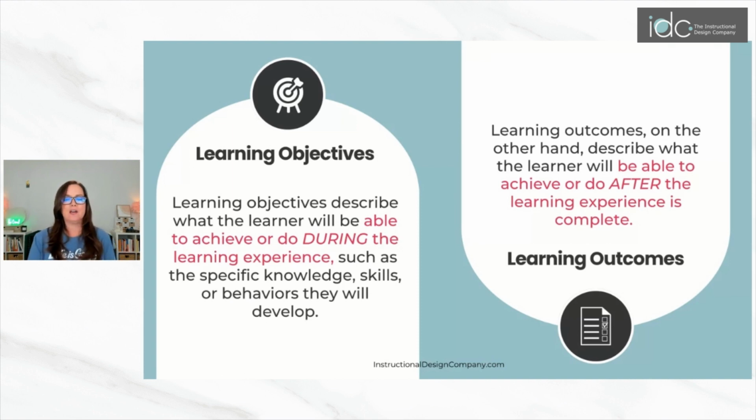The learning outcome describes what they should be able to demonstrate that they can do after that training. That word outcome, right? What was the outcome of that? Well, the learner is able to do X, Y, Z. Learning objective: the objective of this entire learning experience is that the learner will learn how to do X, Y, Z, or will be able to do X, Y, Z.